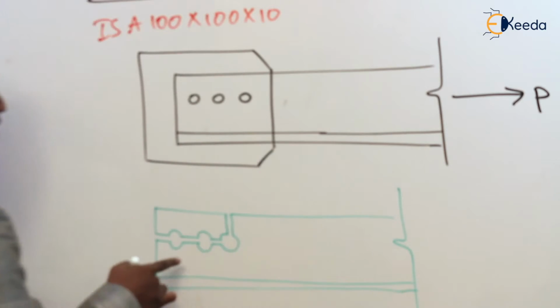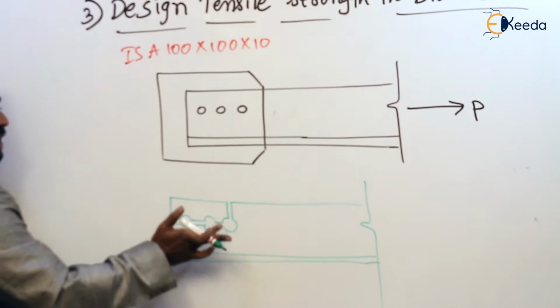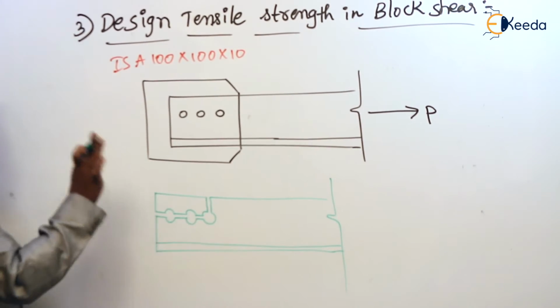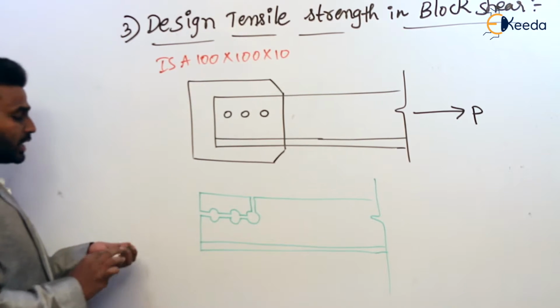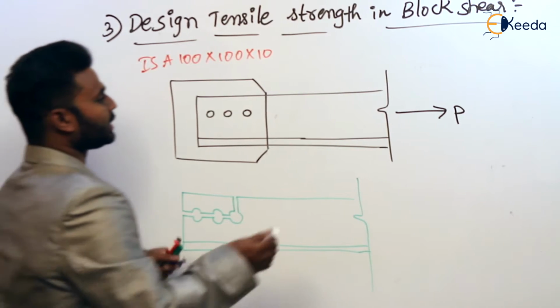In block shear, this is how this angle is going to divide into two parts. This is block shear failure. This is one block and this is the other block. So as a block it is going to fail. That is why this failure is known as block shear failure. Let me give some values of pitch and everything.